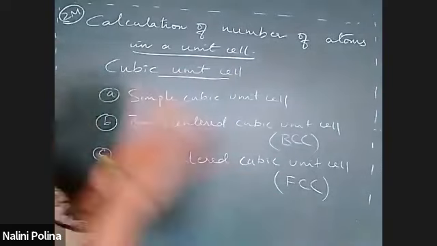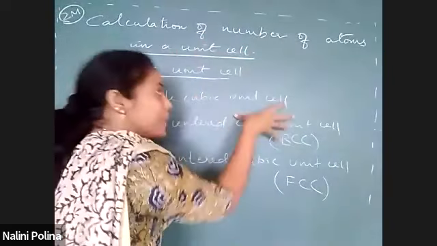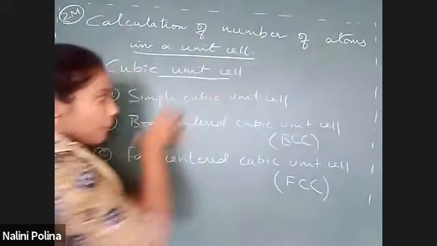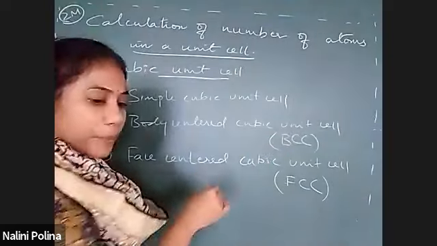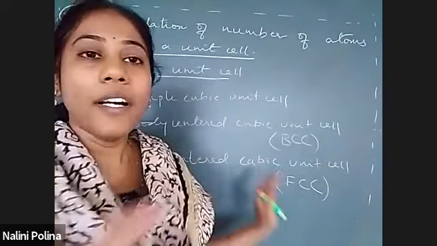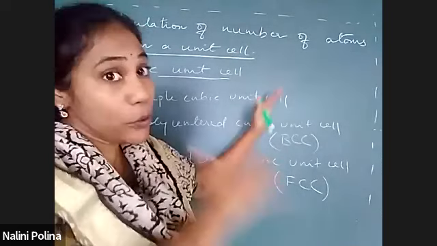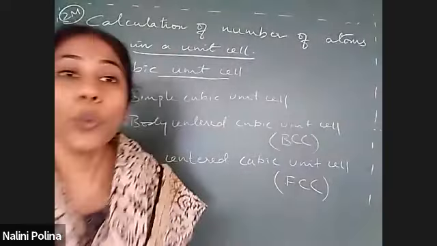To calculate the number of atoms in each simple cubic, body centered cubic, and face centered cubic unit cell, you should have some idea. So what that idea is, I'm going to discuss now.